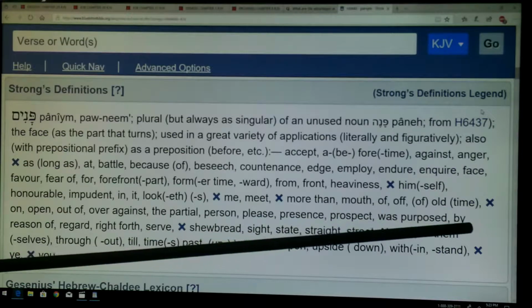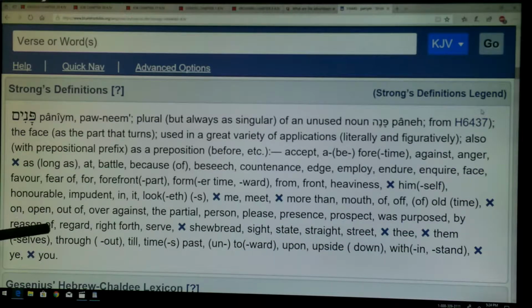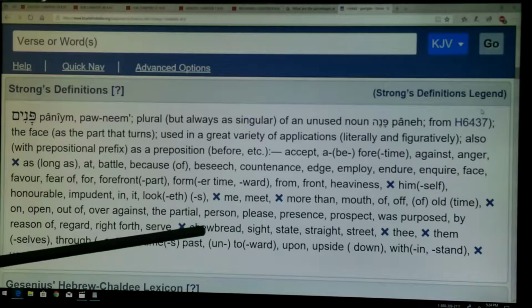Of, off, on, open, out of, over against. The partial. The face, the panim, is just the face. It's a whole body to the earth. We only live on the face of the earth. The Most High is letting you know there's a whole other part of the earth that we don't even live on. The face is just a particle, part of the earth.